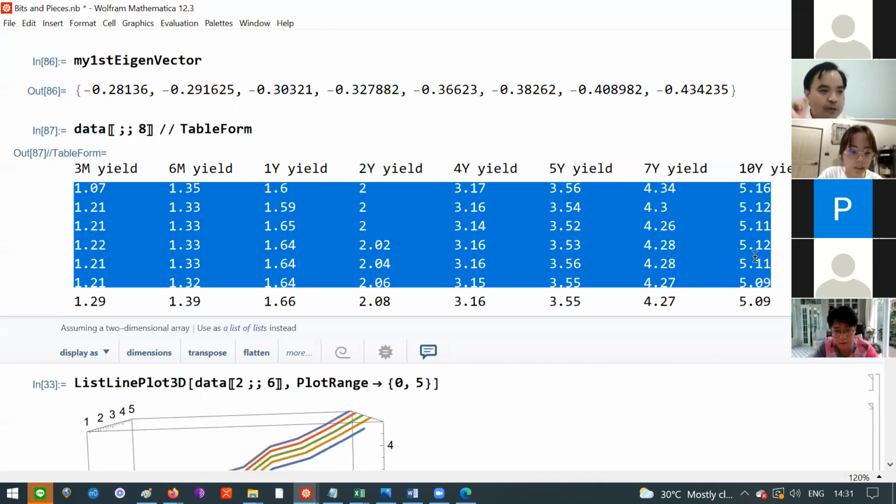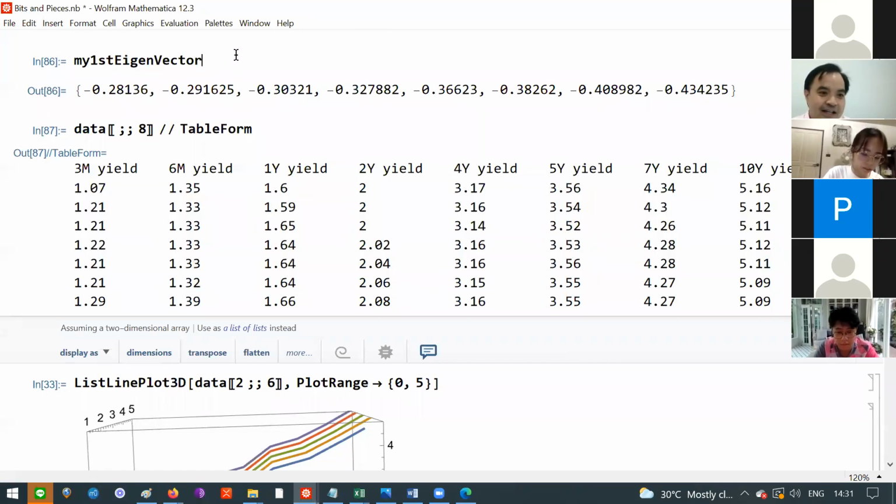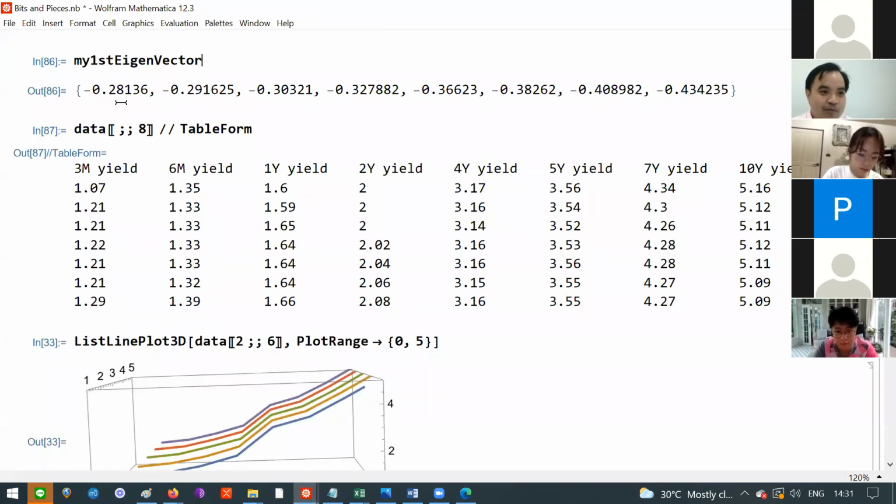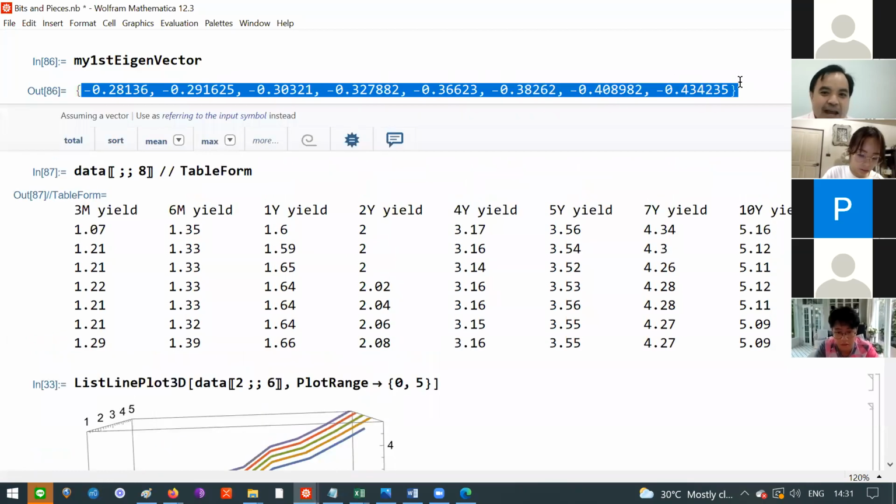Then I send it to a magic function called eigensystem, and that eigensystem breaks this down into 8 eigenvectors. I'm going to take the first eigenvector, which now I will call the principal component. So my first eigenvector is now my first principal component.